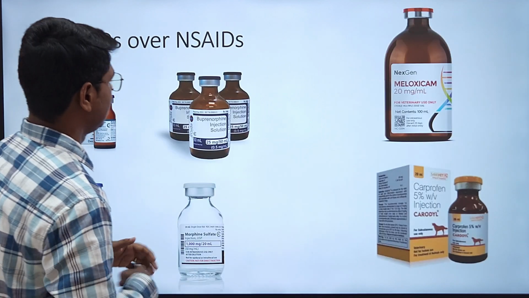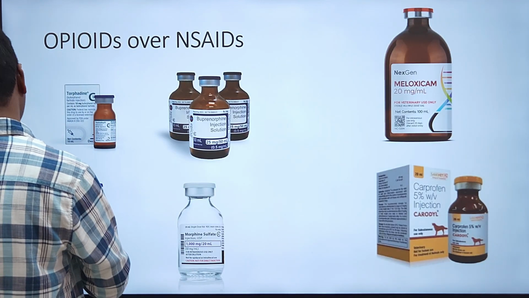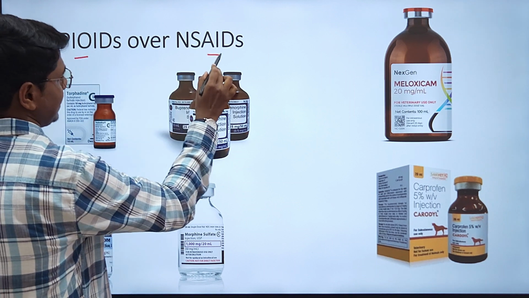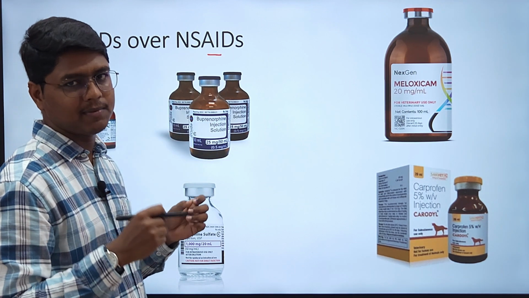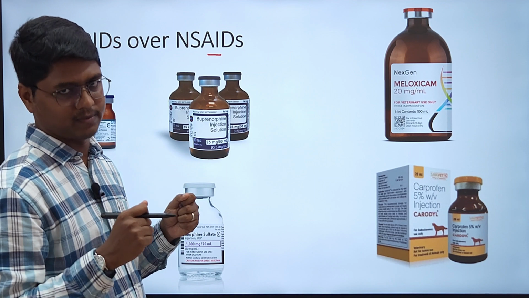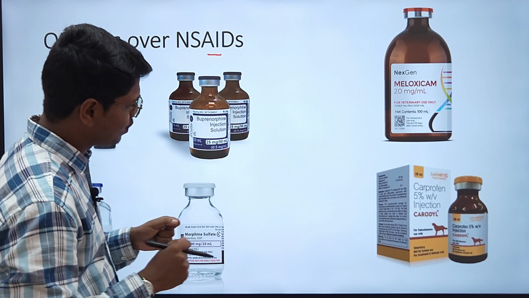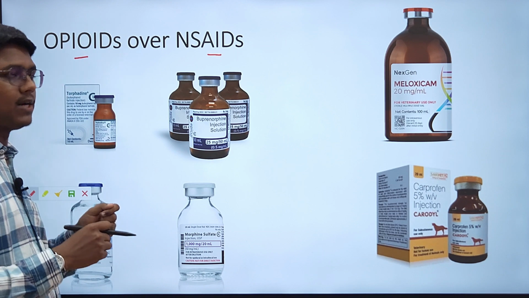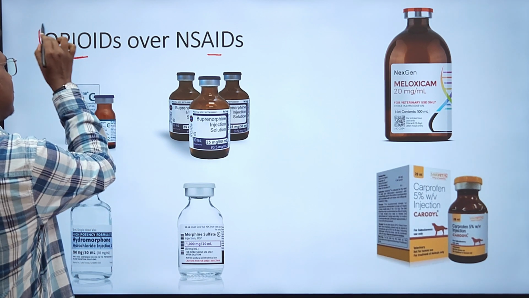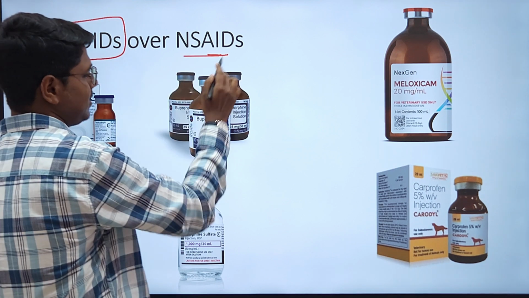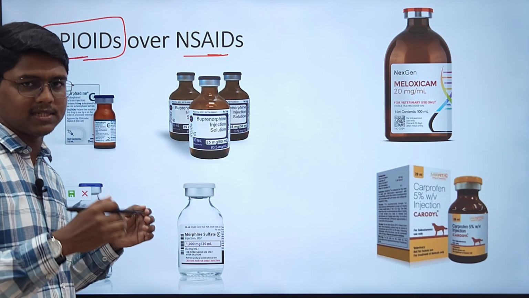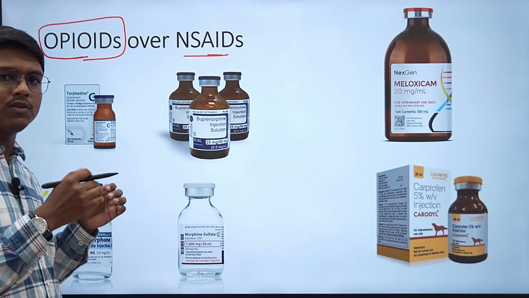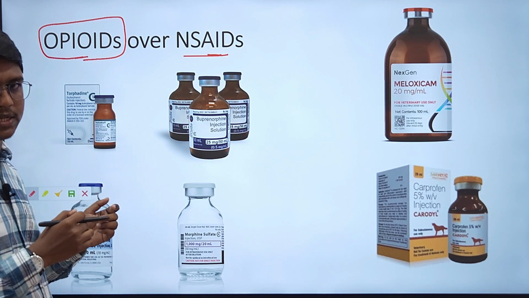Next, there is a debate regarding opioids versus NSAIDs for the preemptive analgesia which we should give. The book, and I personally also, believe that opioids are far more superior than NSAIDs when it comes to preemptive analgesia, and the preemptive analgesia concept was designed for opioids only.